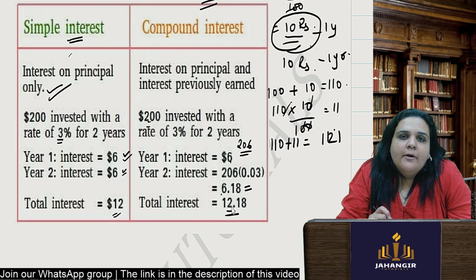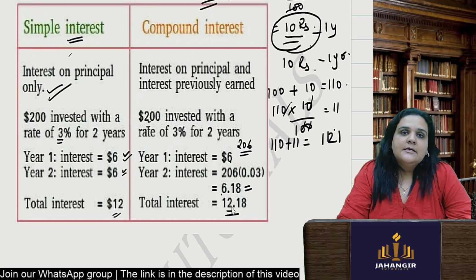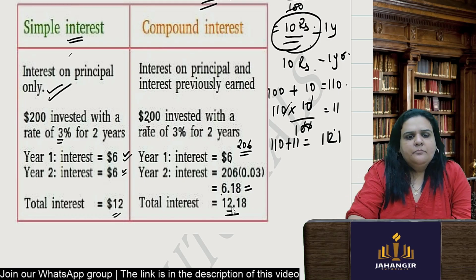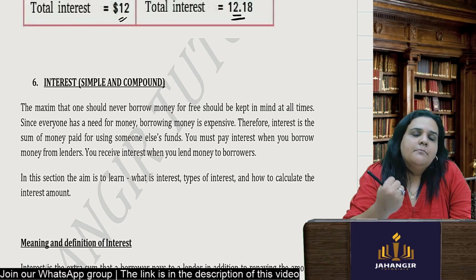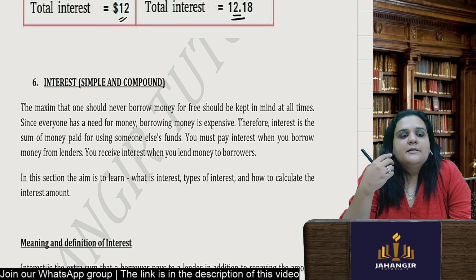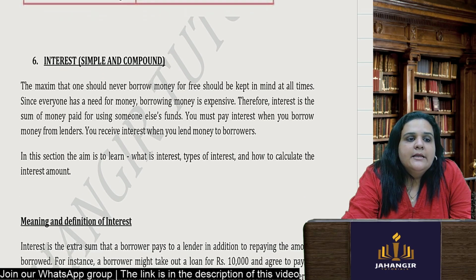So I'm going to get $0.18 more if I do compounding interest. Whatever it is, if I'm doing compounding interest, I'm going to get more return because my principal keeps on increasing.